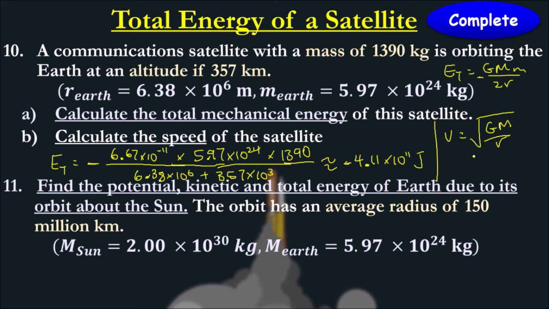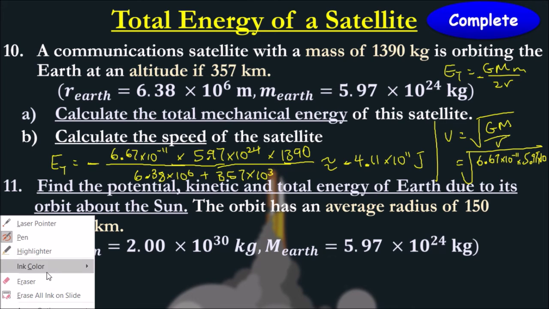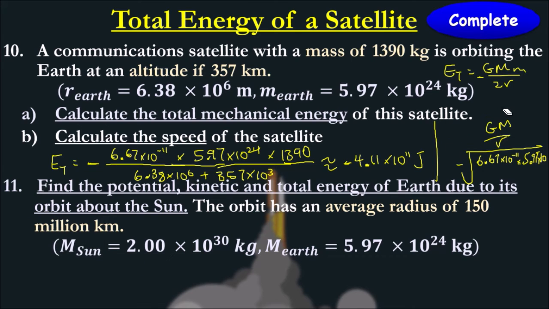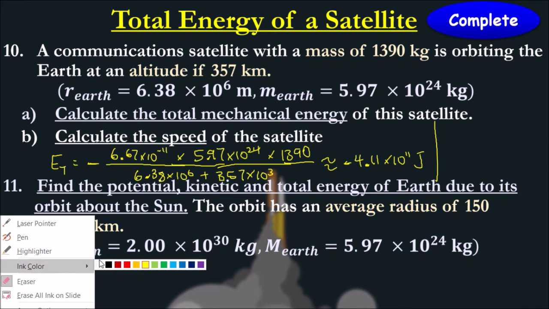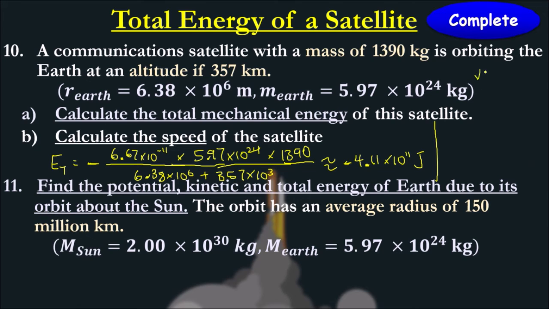So if we have G as 6.67 times 10 to the power of negative 11, and the mass of the Earth, so this is the formula we're using, the square root of GM over r.